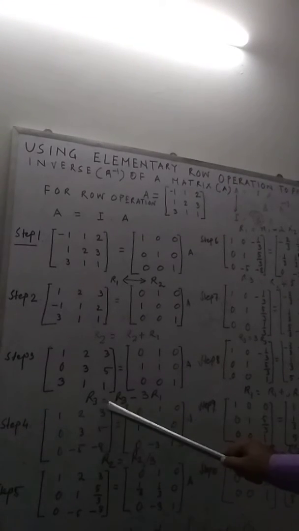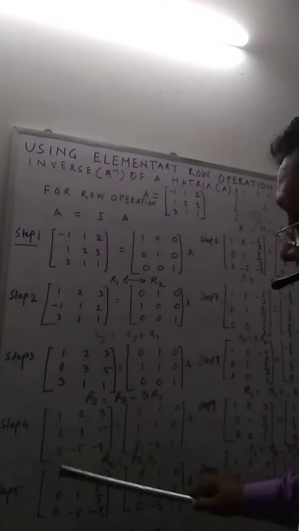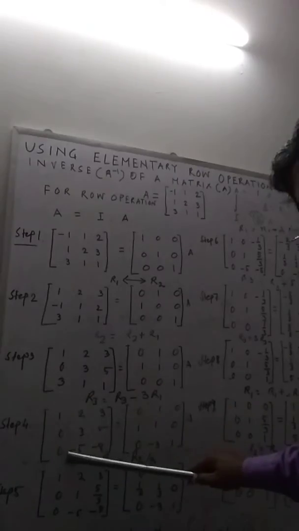Just see, this is R3. R3 is equal to R3 minus 3R1. Following the property, I can write R3 is equal to R3 minus 3R1. If I multiply this by 3 and subtract from here, always remember whatever position I am changing, that I have to write first. So R3 is equal to R3 minus 3R1.